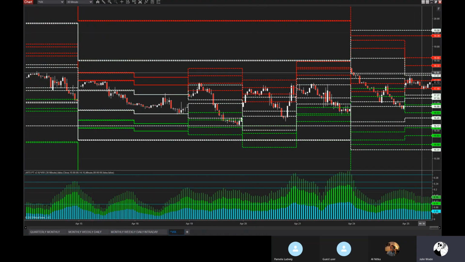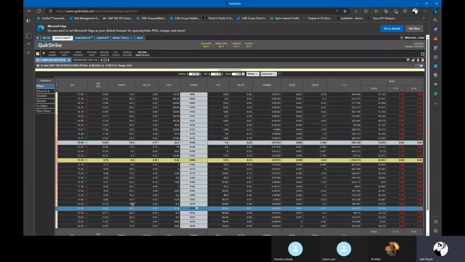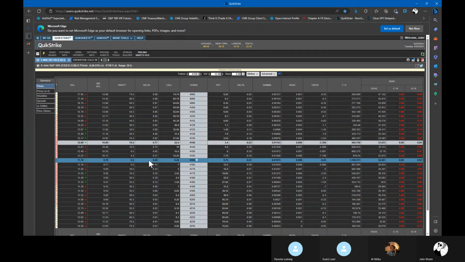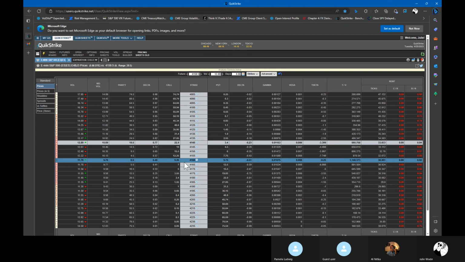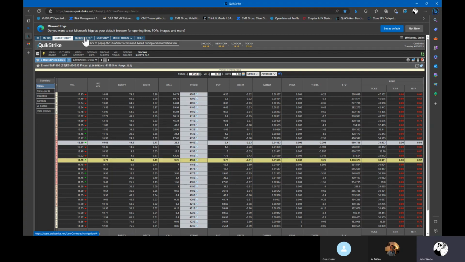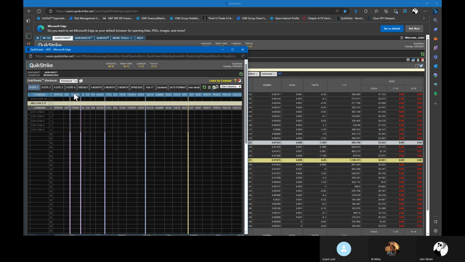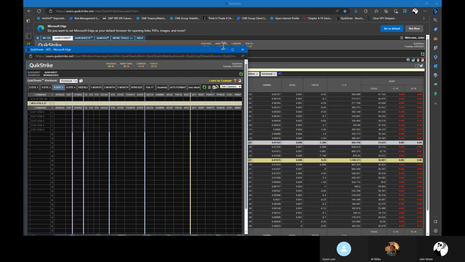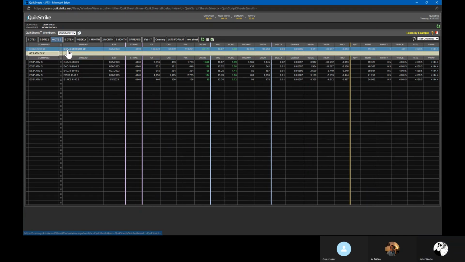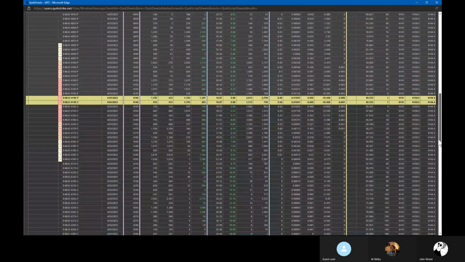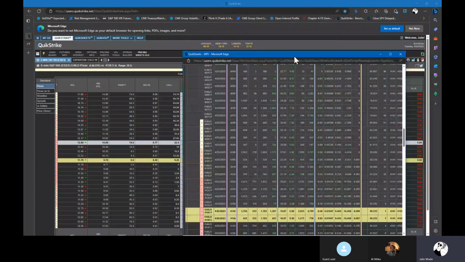And then, like we said, 1803, I don't think I'm going to be able to correlate this. So I'm going to pull up my quick sheet.